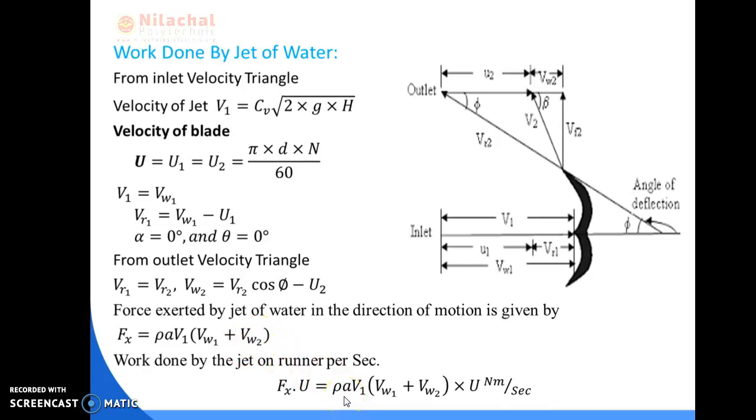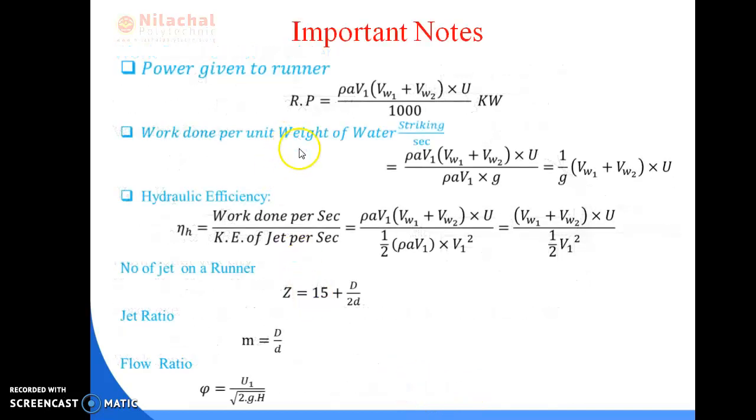If you are going to find out work done, then force into velocity of blade, that is rho a V1 (Vw1 plus Vw2) into velocity of blade. The power given to the runner, that means runner power, is equal to work done by the jet, and that is equal to rho a V1 (Vw1 plus Vw2) into U divided by 1000.